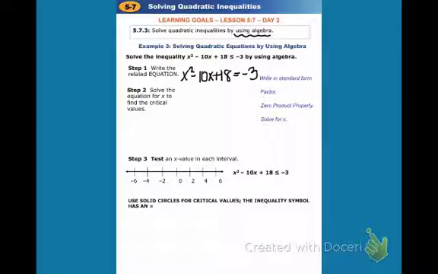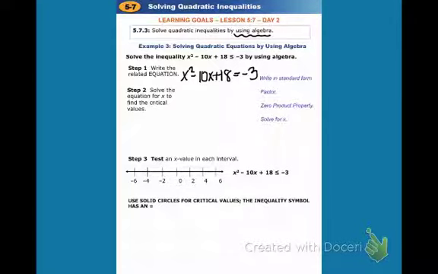We're going to solve this like a regular quadratic equation, and the values that we get for x will be those critical spots, the part that divides where the solutions are from where the non-solutions are.